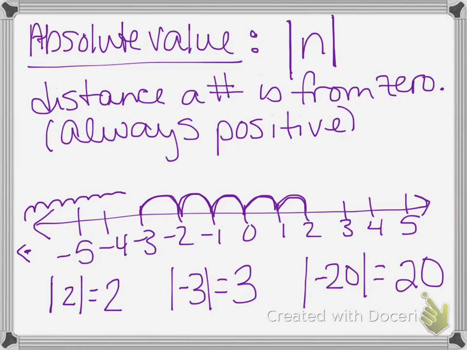So what we're going to talk about today is absolute value, as well as how we represent different integers. We have lots of different words that represent positive integers, and different words that represent negative integers. So here are some positive integer words.